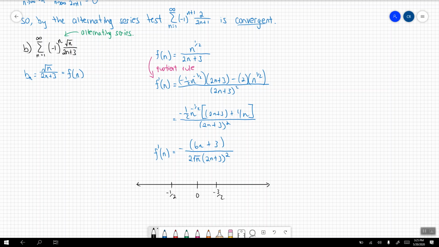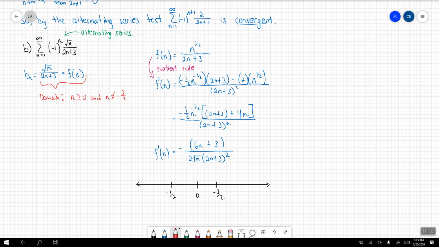There we are. Now let's look at the initial domain of this initial function. Well, n must be greater than or equal to 0, and we also have that n cannot be equal to negative 3/2.